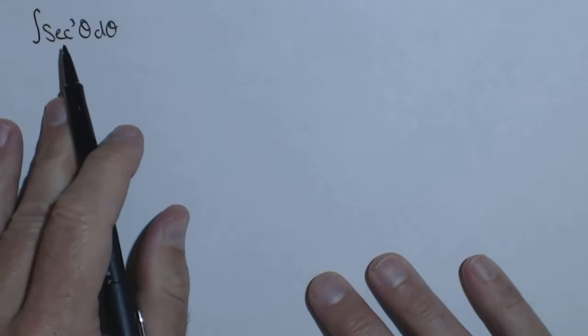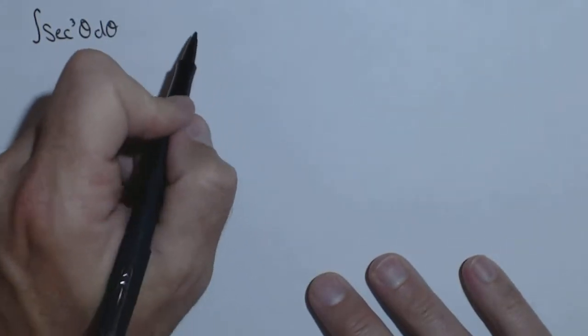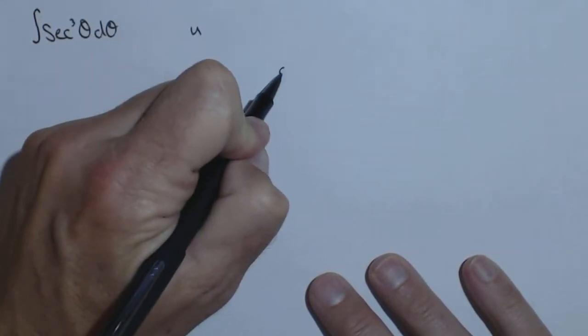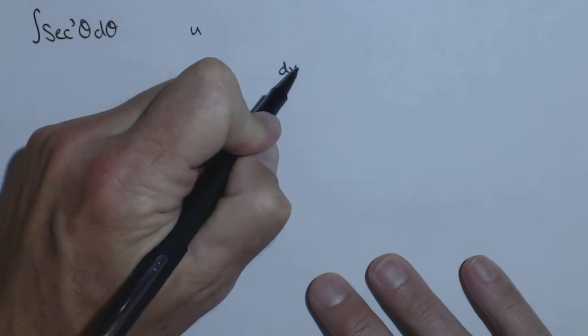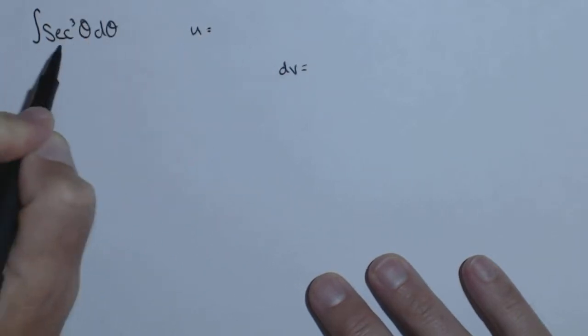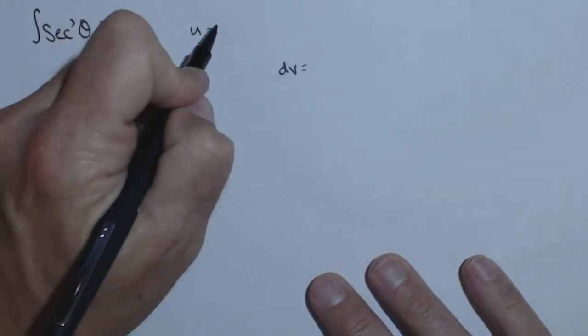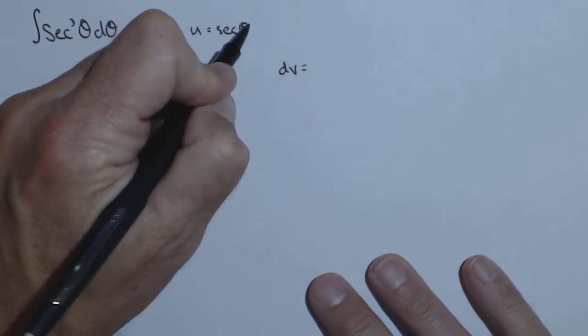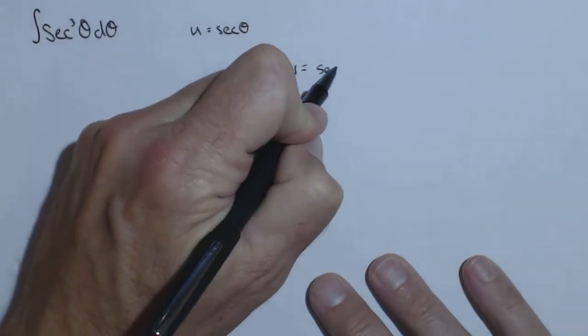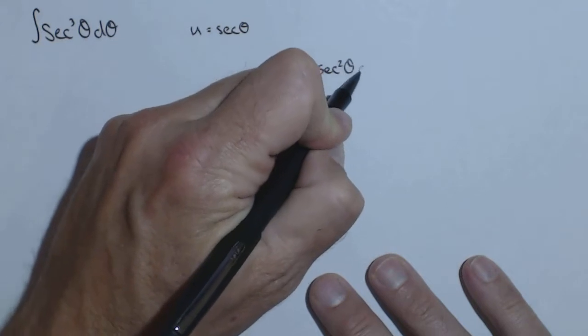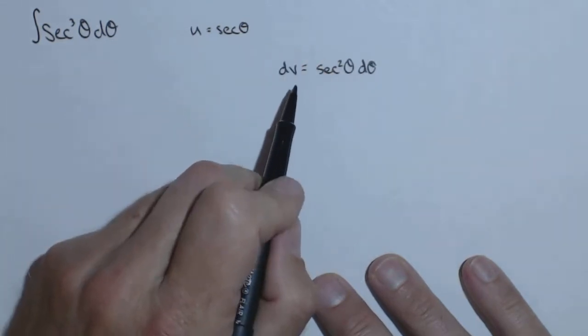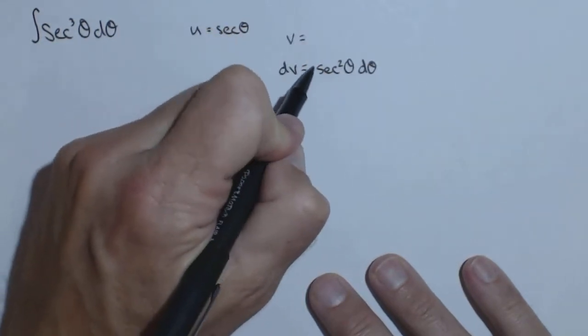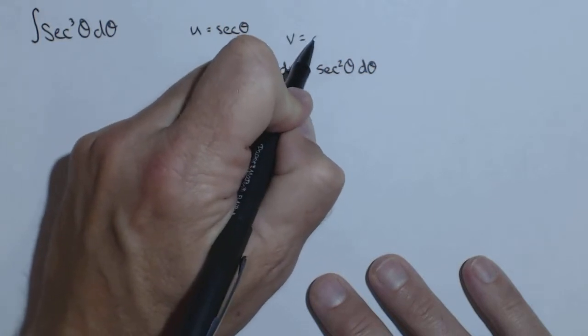So, when we go to do this, it may not be real obvious how to start, but actually we're going to start with an integration by parts. And I'm actually going to split up the secant. I'm going to use just secant theta for u, and then secant squared theta d theta for dv. The reason I do that is I can calculate the antiderivative of dv very easily.